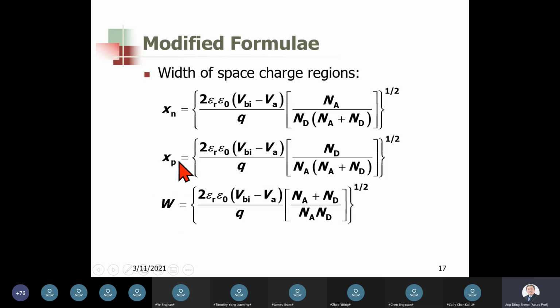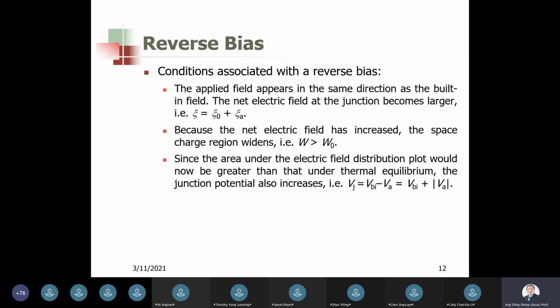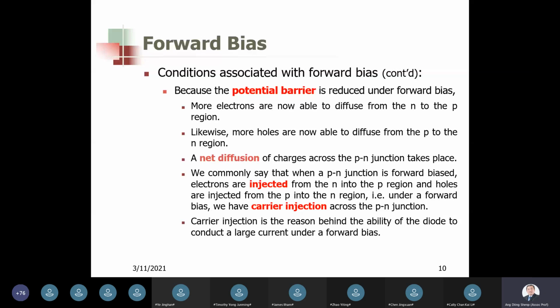Now, notice that the 0 in the subscript has been dropped, and there's a reason for it, because when an external voltage is applied to the PN junction, it goes into non-equilibrium. So therefore we drop the 0 in the subscript. Now, how to understand that? Remember what you know about non-equilibrium.